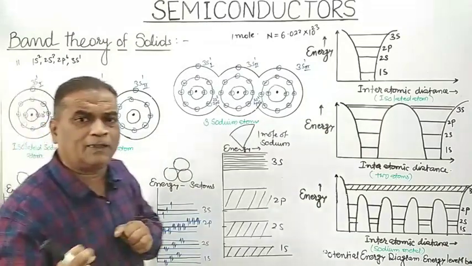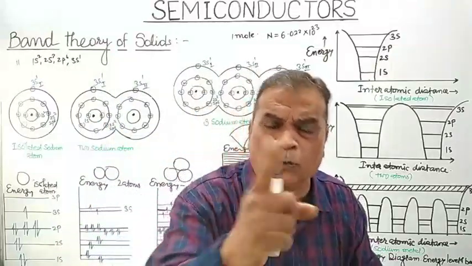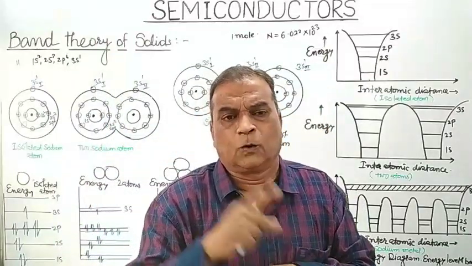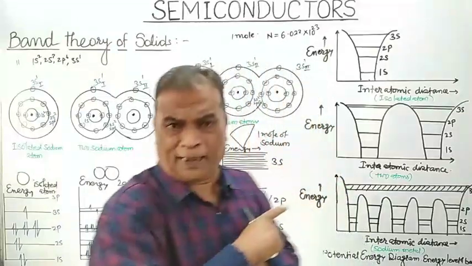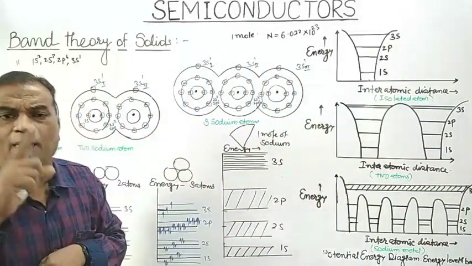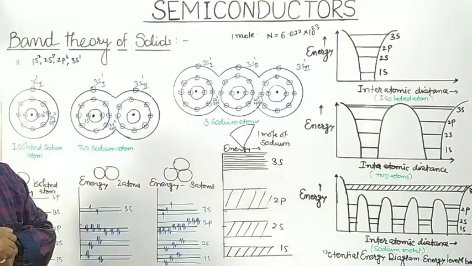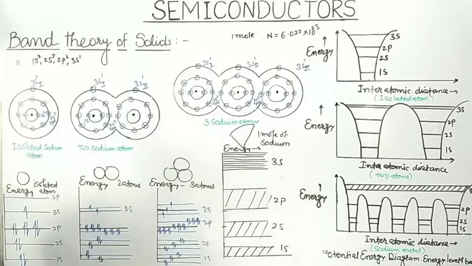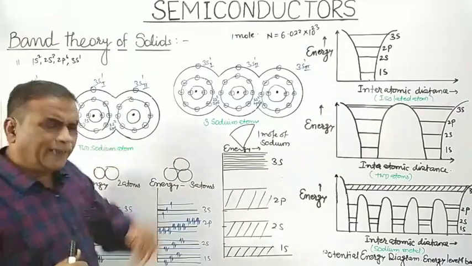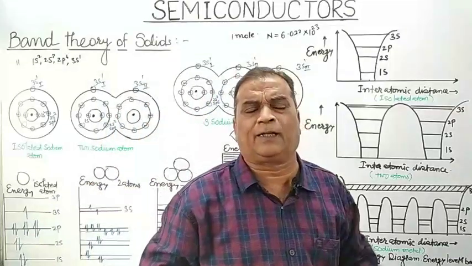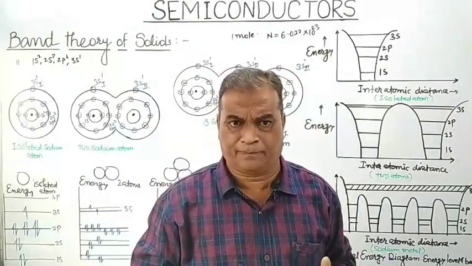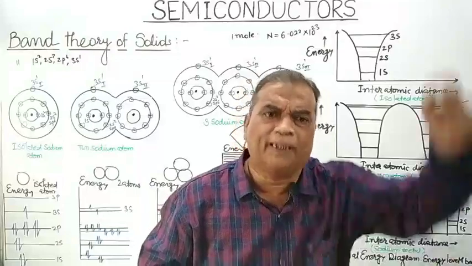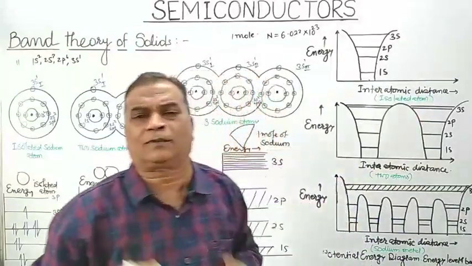Pauli's exclusion principle also states that no 2 electrons having the same spin can occupy the same energy level, or any energy level can accommodate only 2 electrons, 1 electron having spin up state and the other electron having spin down state.